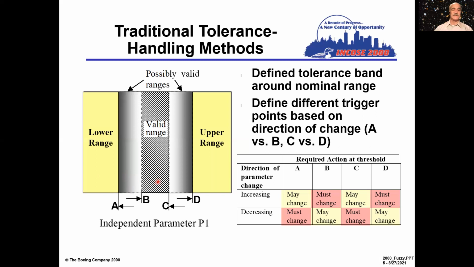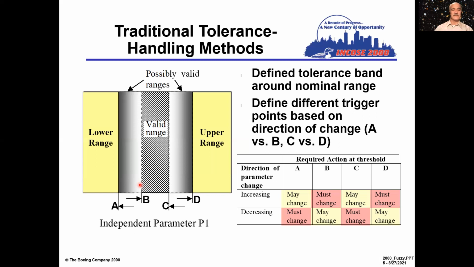But if it's decreasing, then we might change the state. So multiple outputs might be possible. And this apparent lack of determinacy is perhaps a problem. We don't exactly know what the system is going to do for any given input condition. And that's not a very satisfactory position to be in.